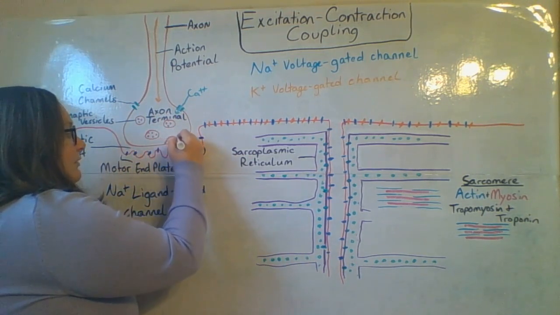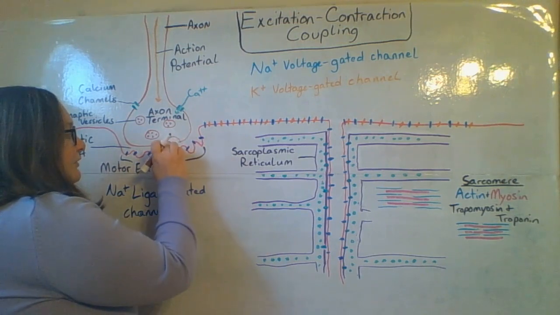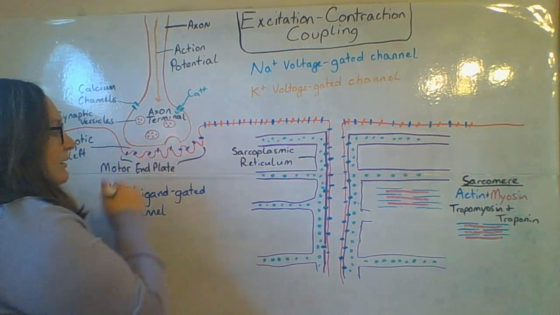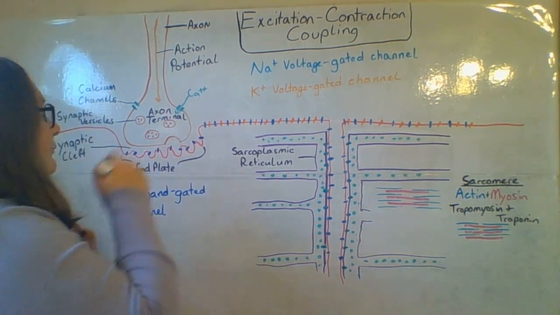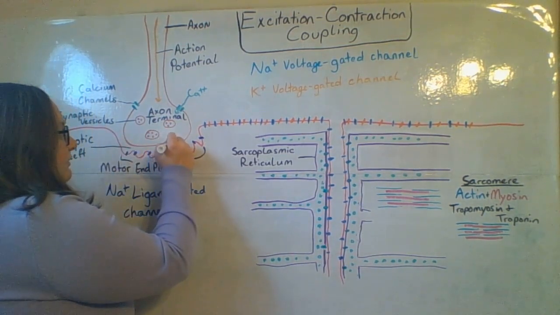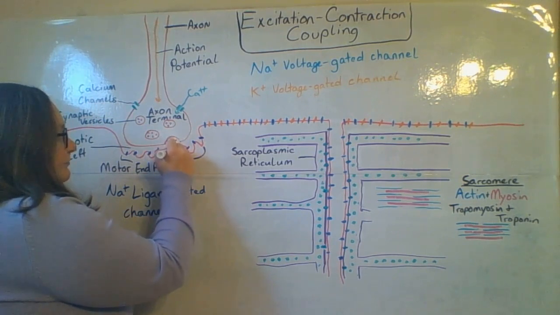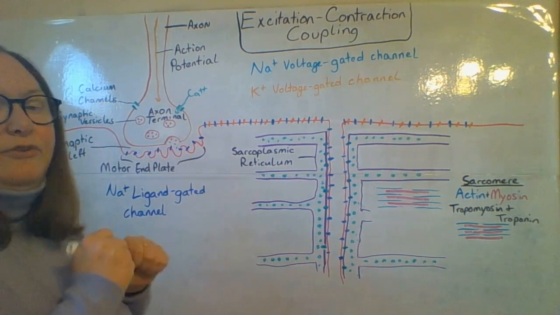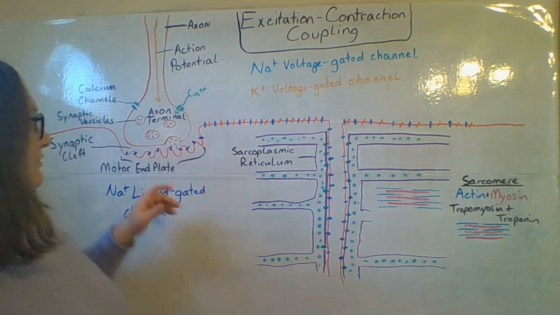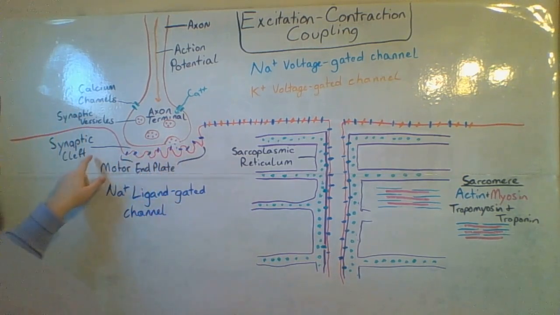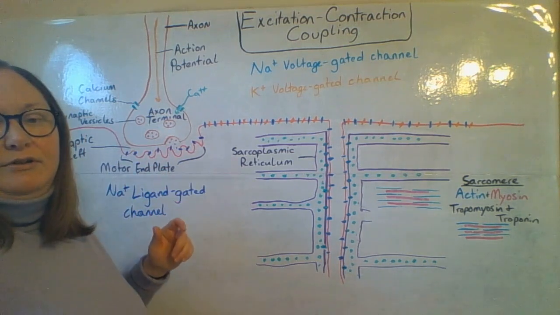So here it is fused. And the contents then leave the vesicle. So the contents, the proteins there, have now left the vesicle. And they're in this open space, which we call the synaptic cleft.